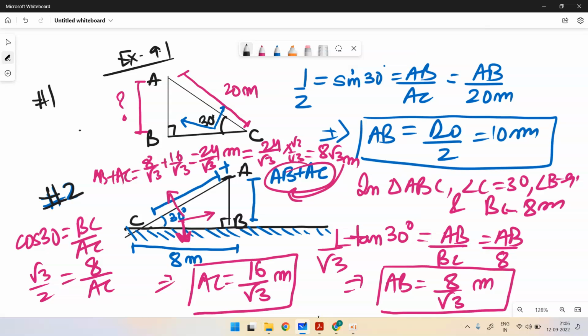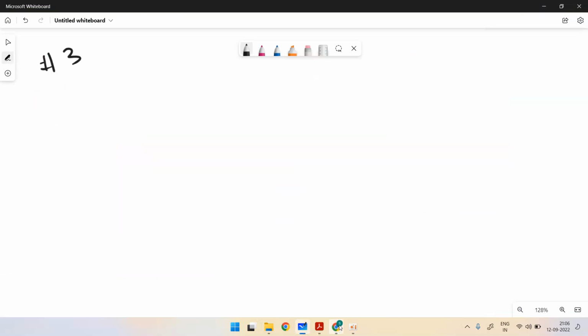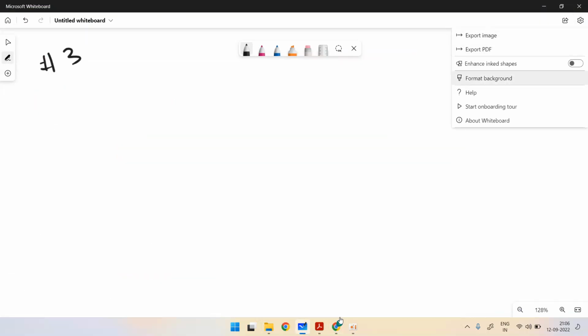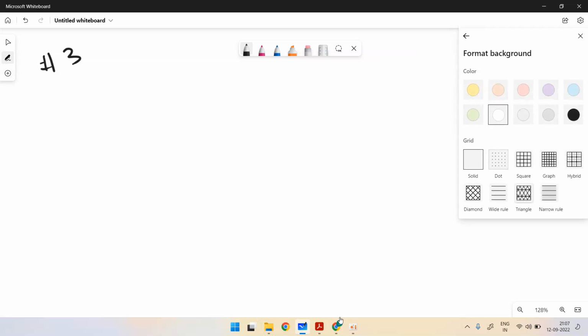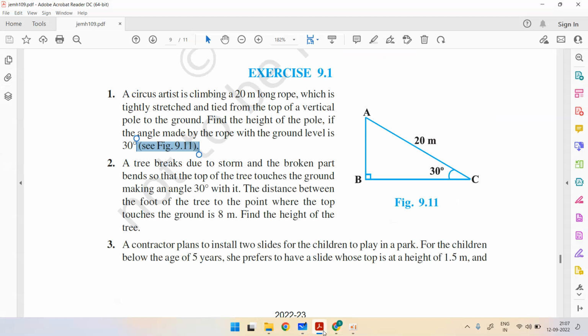Now the next question is the third question. What this third question says is that a contractor plans to install 2 slides for children to play in a park.